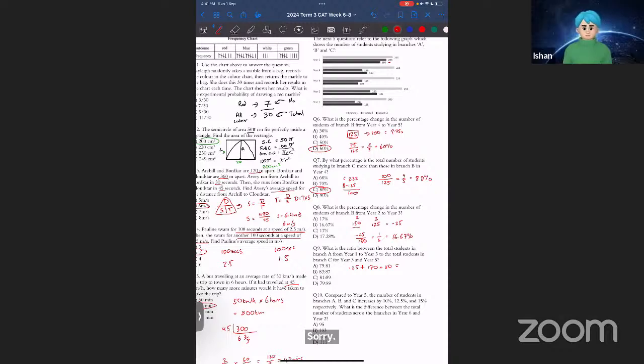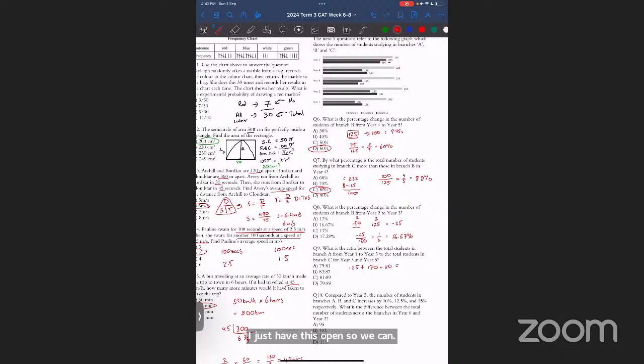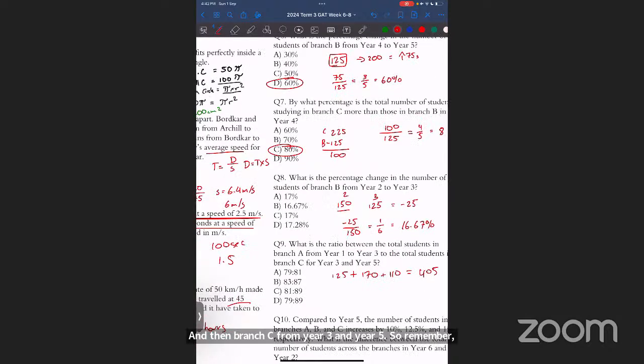405. Awesome, 405. I just have this open so we can save time. Yeah, so you have 405. And then branch C from year 3 and year 5. Remember, this is another common mistake that you might have made.